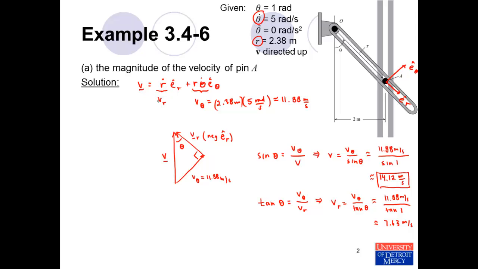And specifically, if we put it in this equation in terms of direction, it's negative. Okay. And so since VR is equal to r dot, we know that r dot is approximately negative 7.63 meters per second.